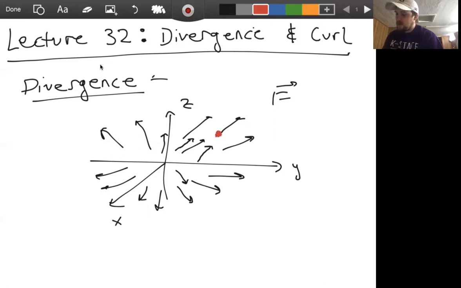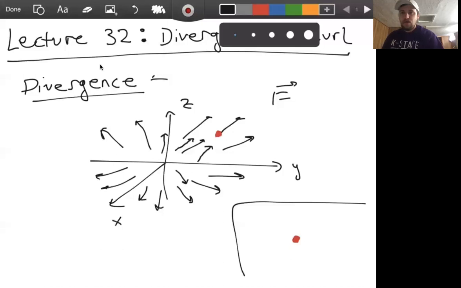And when we look at just the picture locally of what's going on near this red point here, there's a natural question we can ask.